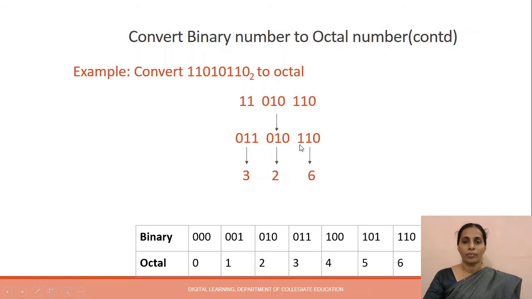Now you write the octal equivalent of the bit groups. 110 is equivalent to 6. 010 is written as 2. 011 as 3. So the octal equivalent of the given binary number is 326 to the base 8.